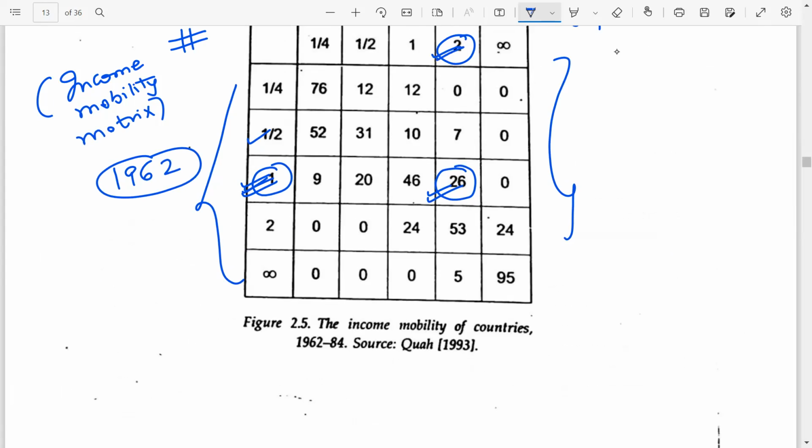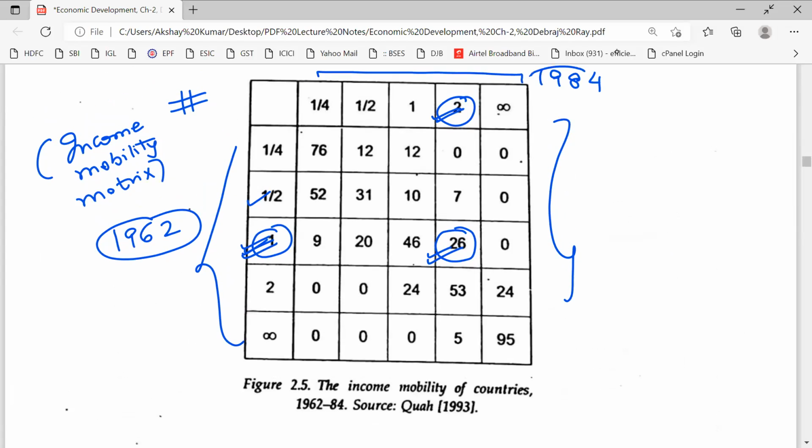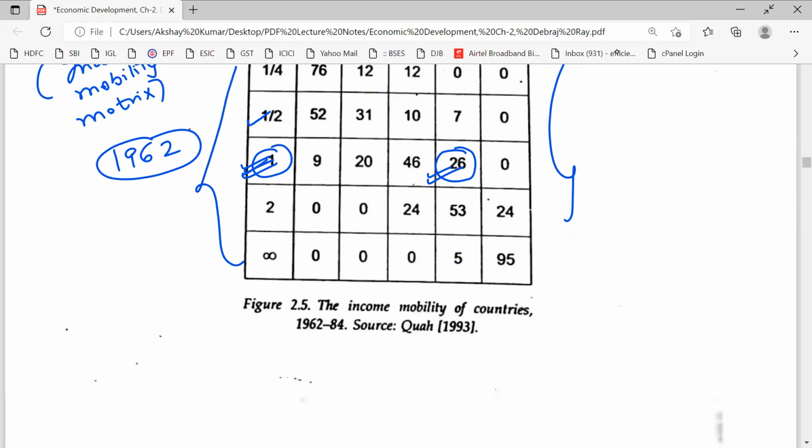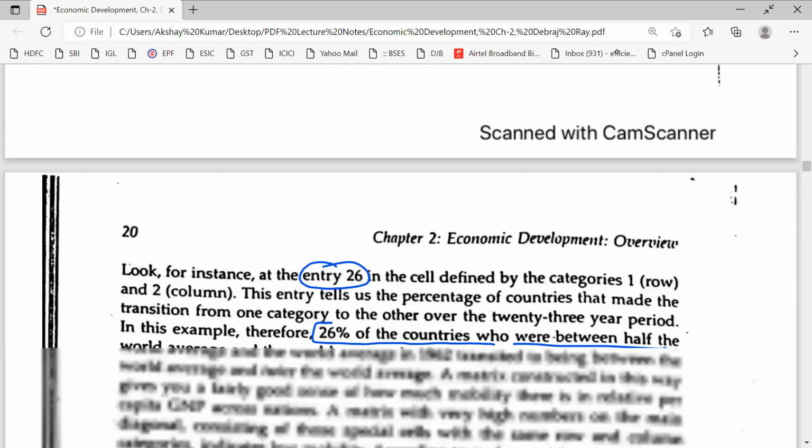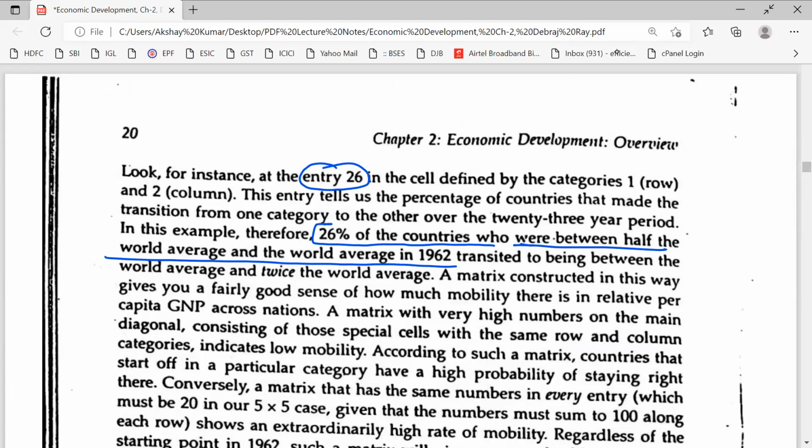It means now in 1984, their per capita income lies between 1 and 2 of the world average. So 26% of the countries with index 1 transited to being between the world average and twice the world average, which is index 2.